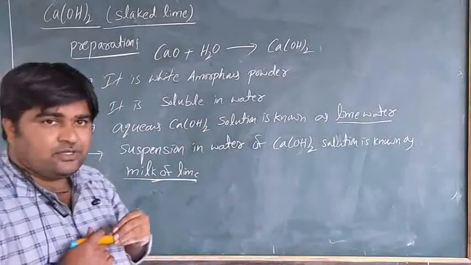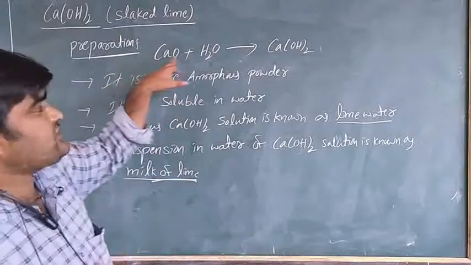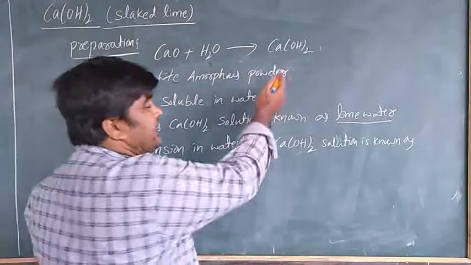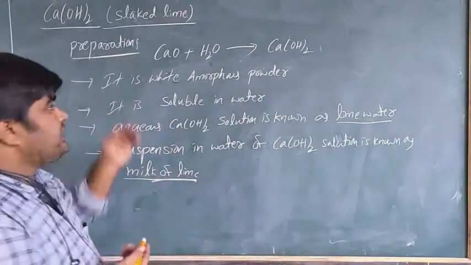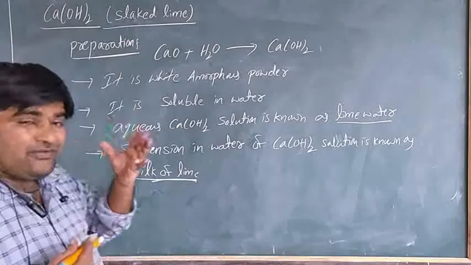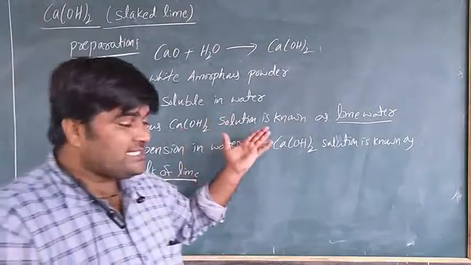Simply remember: preparation is calcium oxide reacting with water to form calcium hydroxide. It is a white amorphous powder, soluble in water. Aqueous calcium hydroxide solution is known as lime water.